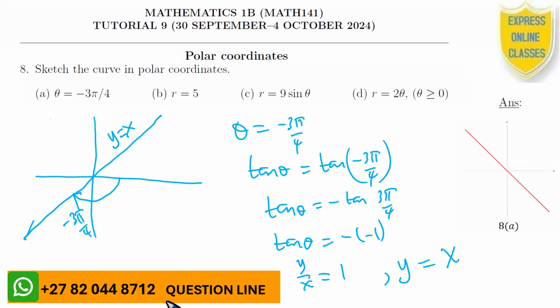So you can actually sketch it as y equals x. Think about it. But that is the answer. And the line y equals x is exactly that one there.